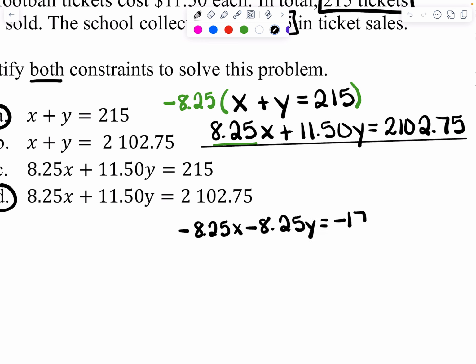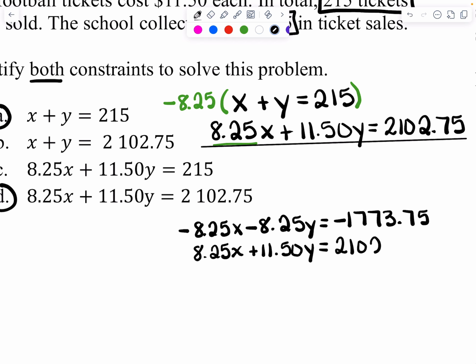Negative $1,773.75. Now the second equation has positive 8.25x, $8.25 per basketball ticket, and then positive $11.50 for a football ticket, and $2,102.75.